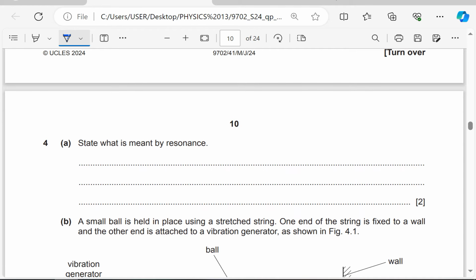State what is meant by resonance. Now this is simple harmonic motion. So, of course, resonance is the oscillation of an object at maximum amplitude, because we already know this from my topical questions.